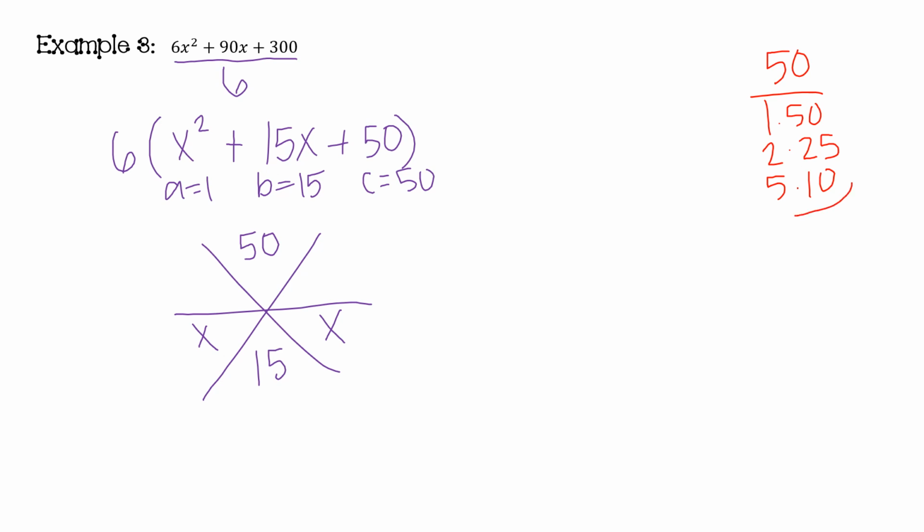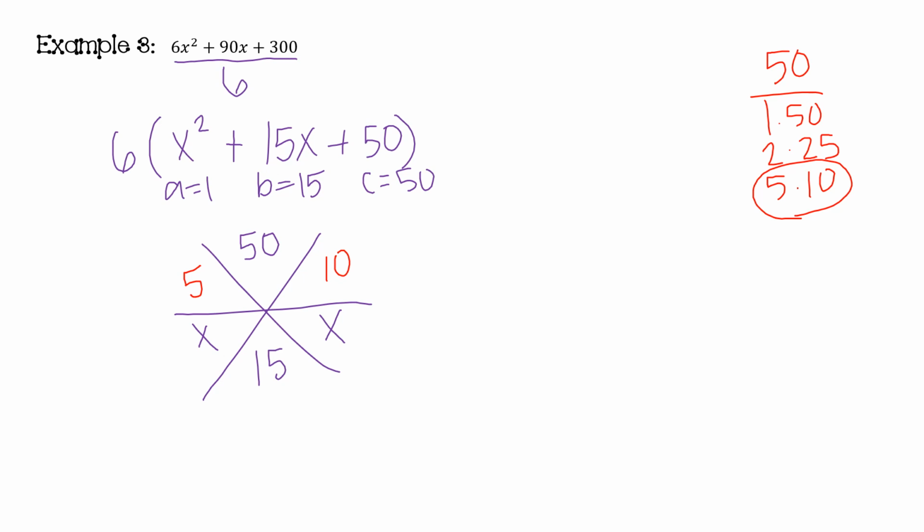Of these, 5 and 10 will give me 15 if I add them. If everything in the problem is positive, then everything in the answer should be positive. If you don't have any subtraction signs, any numbers that are negative, then there are no negatives anywhere. So this would be 5 and 10. 5 plus 10 is 15. 5 times 10 is 50.